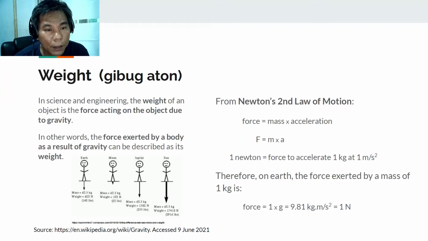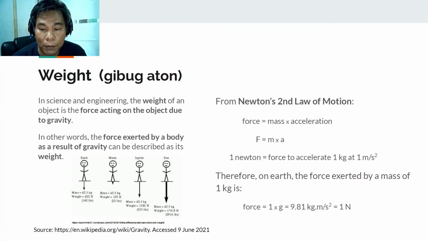So here, weight in science and engineering is described as the force acting on the object due to gravity. In other words, the force exerted by a body as a result of gravity can be described as its weight. So from Newton's second law of motion, force is equal to mass times acceleration, or F is equal to m times a, 1 Newton is equivalent to the force to accelerate 1 kilogram at 1 meter per second squared.